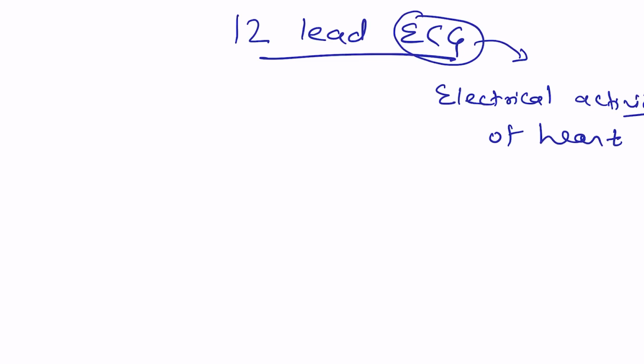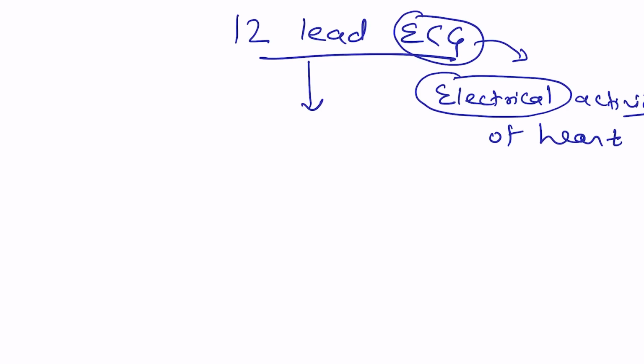Why am I mentioning this? This is to differentiate that it has nothing to do with the mechanical activity of the heart. It can give us an idea about mechanical activity indirectly, but it doesn't have anything to do with the mechanical activity of the heart.